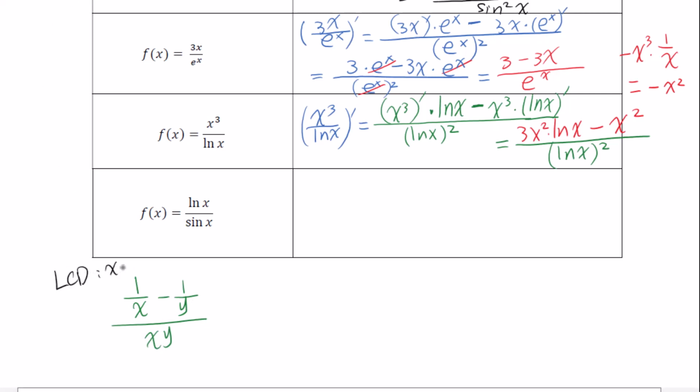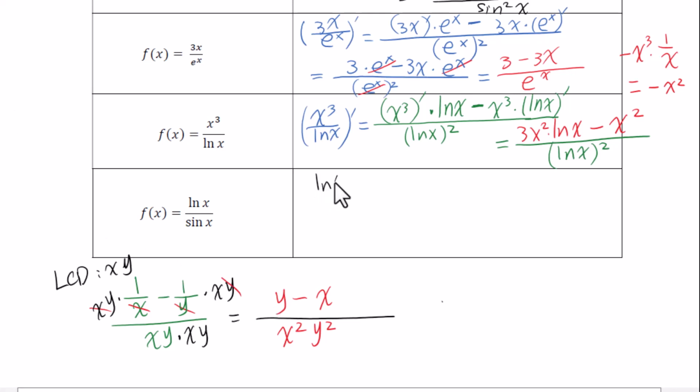That is xy. So we multiply xy by every single term in this complex fraction. Reduce, and we will get y minus x, over x squared y squared. That's how you simplify this complex fraction.